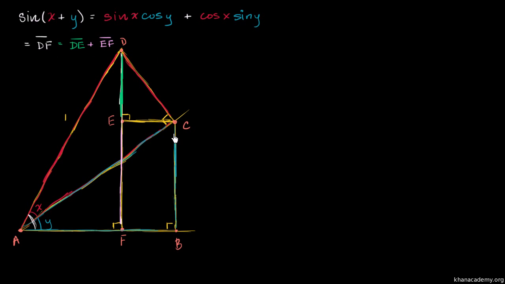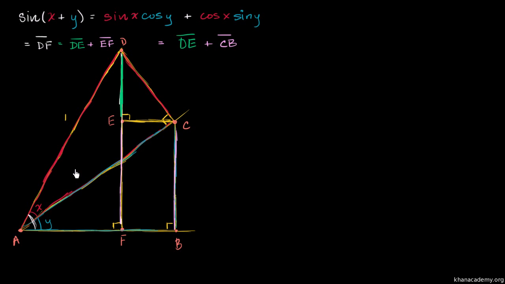And EF is, of course, the same thing as the length of segment CB, because ECBF is a rectangle. So this is equal to the length of segment DE plus the length of segment CB.